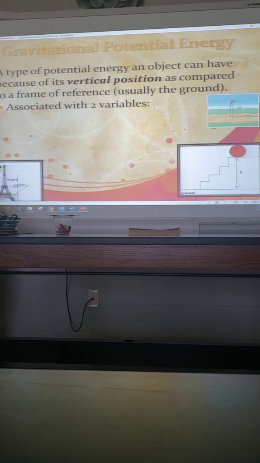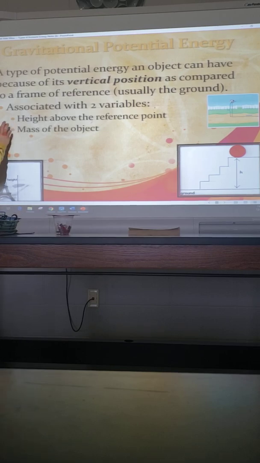Here's something really important. 2 variables are going to affect how this potential energy works. So you might want to put a star by slide number 4, like by these 2 variables. These 2 variables are very important. The height above the reference point and the mass of the object. So you might want to put a star by that height and mass. Those are the 2 things that are really important. That's what's going to affect the GPE that something has, the gravitational potential energy.